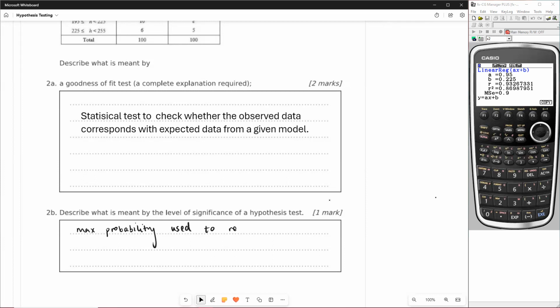If you get a probability or a p-value that is less than your significance level, you'd have to reject the null hypothesis. So that's how that works.